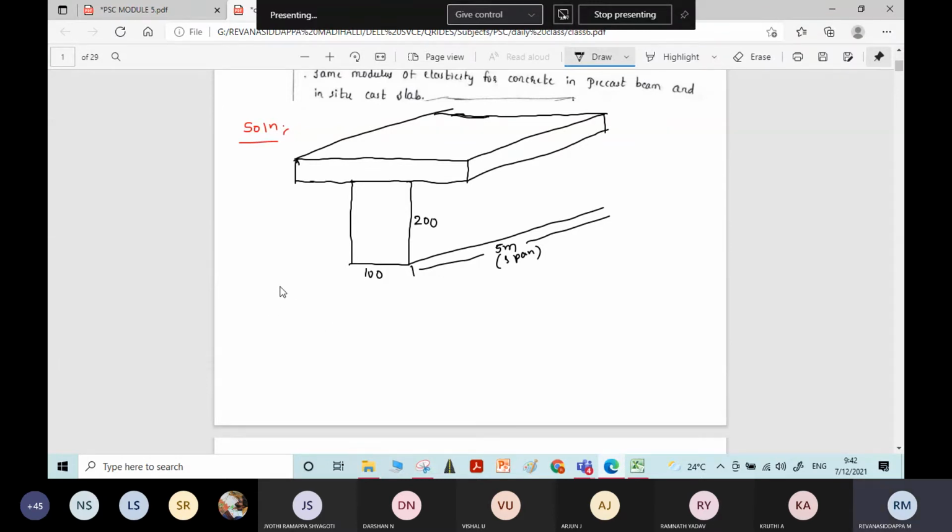Area of beam element, A is equal to B into D. It is given as 100 by 200, so it will be 20,000 mm square. Length is given as 5 meter.